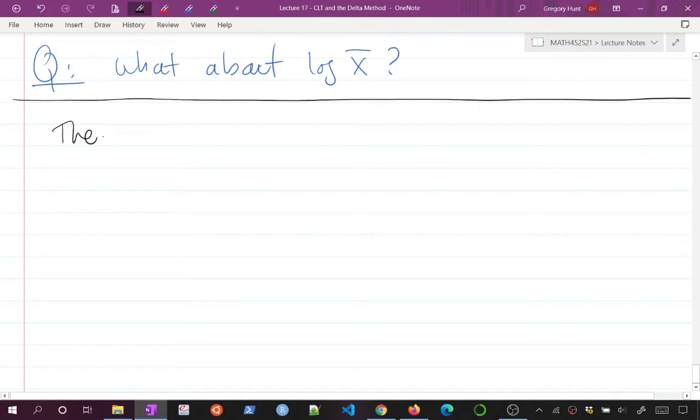Okay, let's write down the theorem. It's actually a little more general than just the CLT.